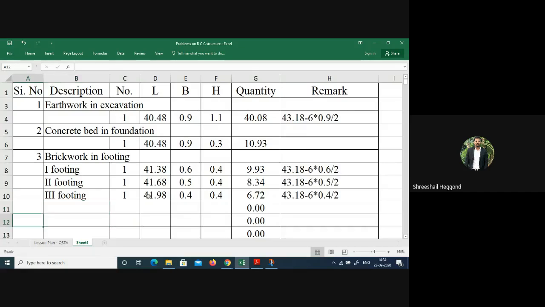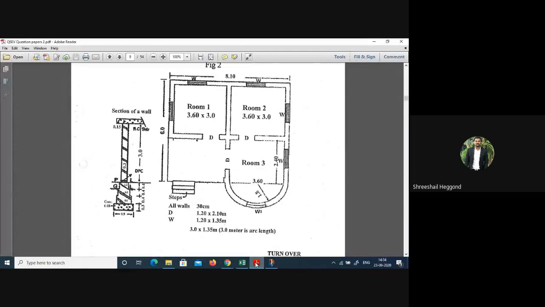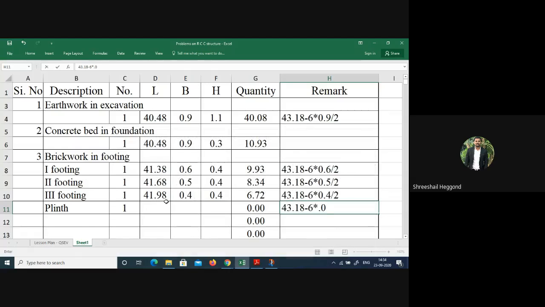Next component is plinth. Number will be 1. Length will be 43.18 minus 6 T junctions into the width. Already we have calculated the plinth. Third footing is nothing but the plinth.